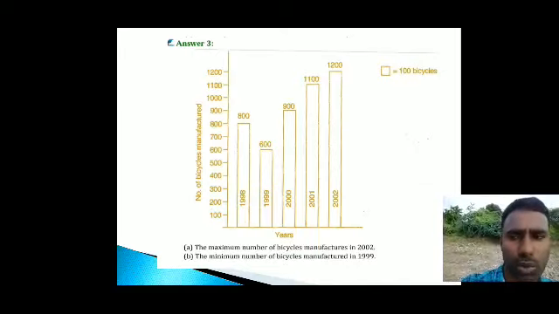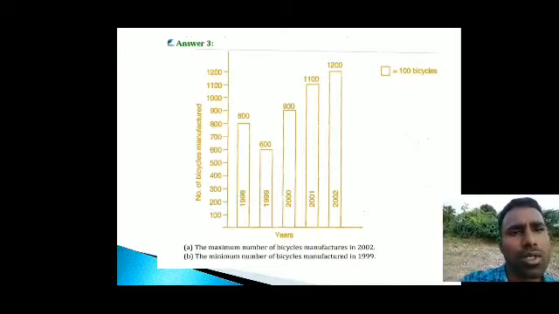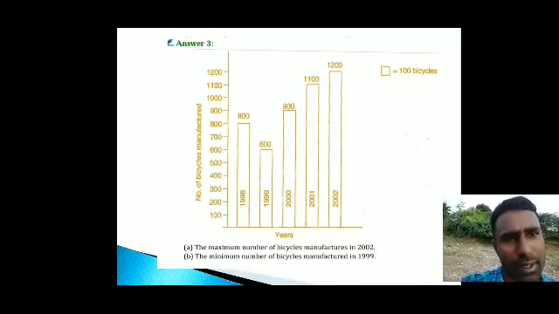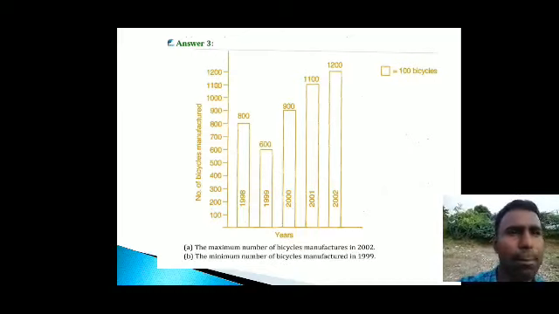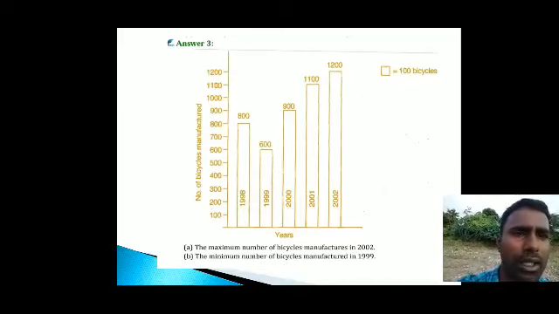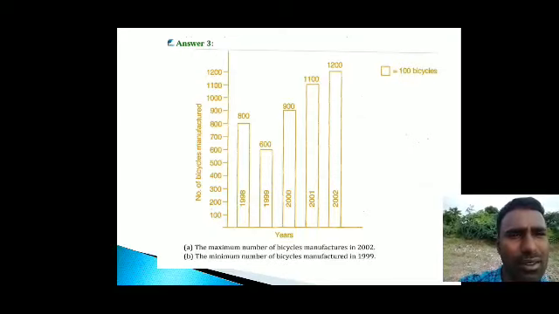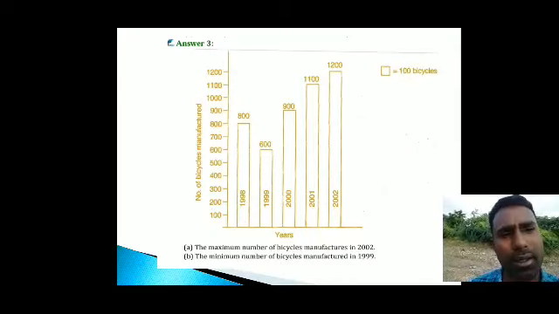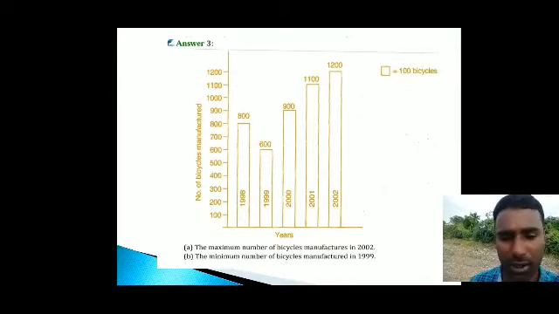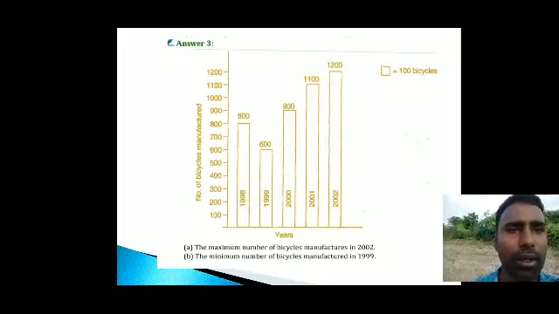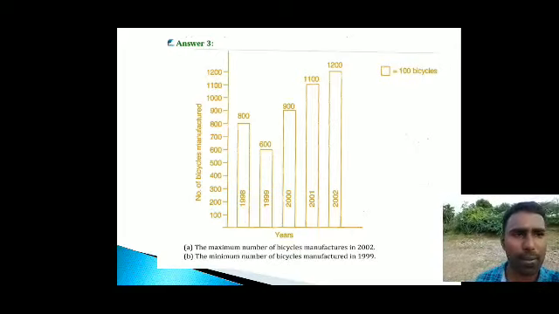So in the year 2002, 1200 bicycles were manufactured. In which bar is the height less when compared among all these? See, 600, so 99, right? So 600 in 99, that means 1999. In that year particularly, only 600 bicycles were manufactured.